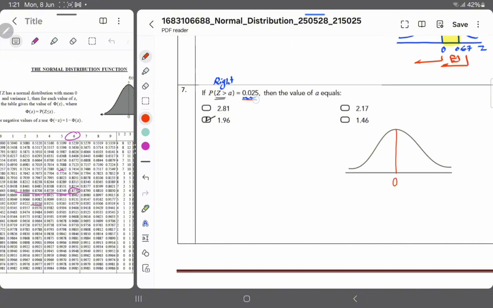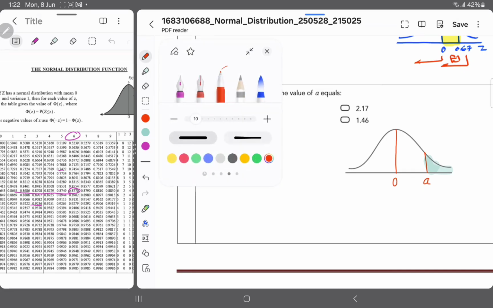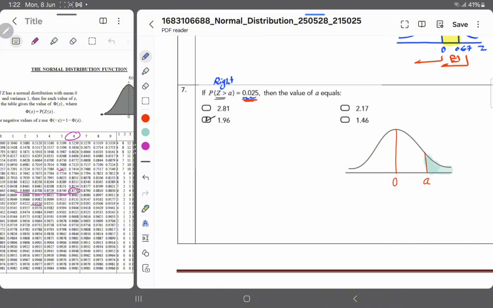The area on the right, the given area, is less than 0.5, so it doesn't pass through 0, so the value of A will be here. And the given area is 0.025.